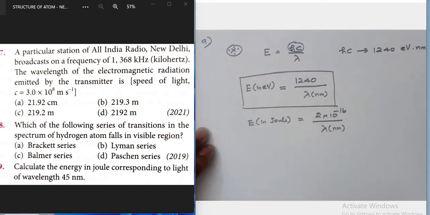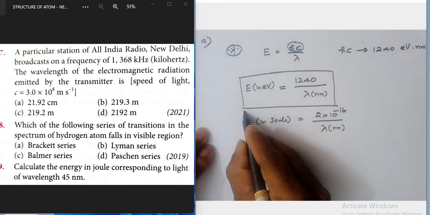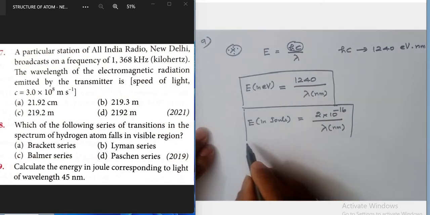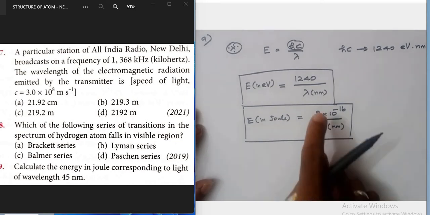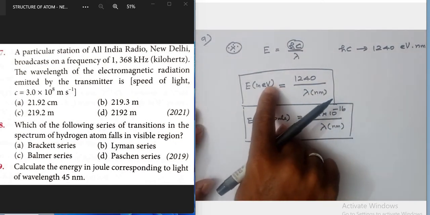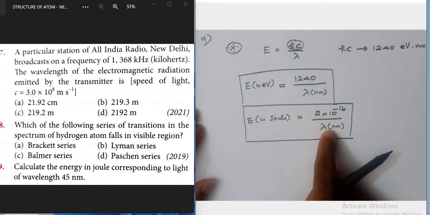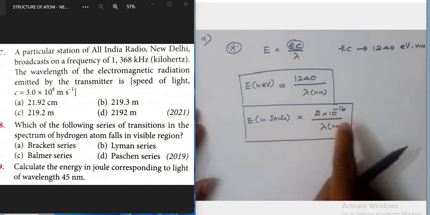You will get the answer in joule directly. So remember both these formulas. Both are very important and very useful for calculating energy. If wavelength is given in nanometer, you can calculate energy in electron volt, or in joules directly.